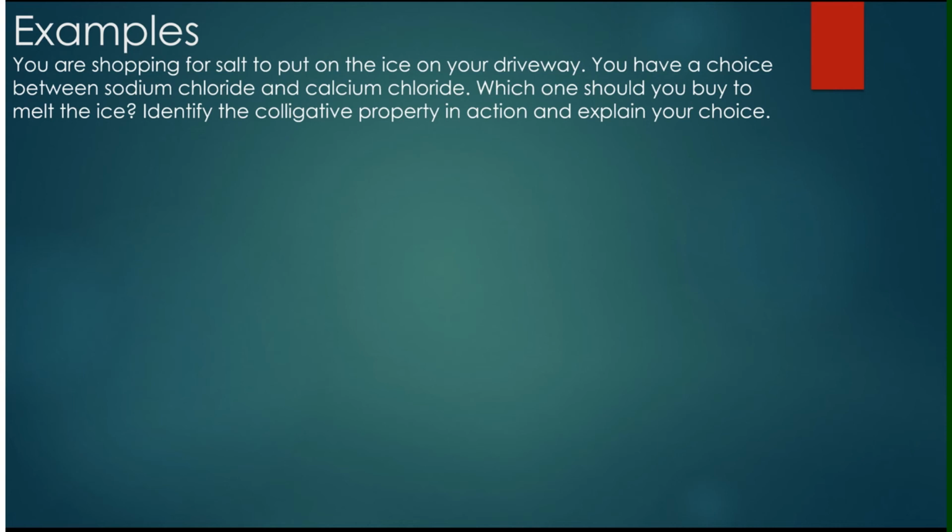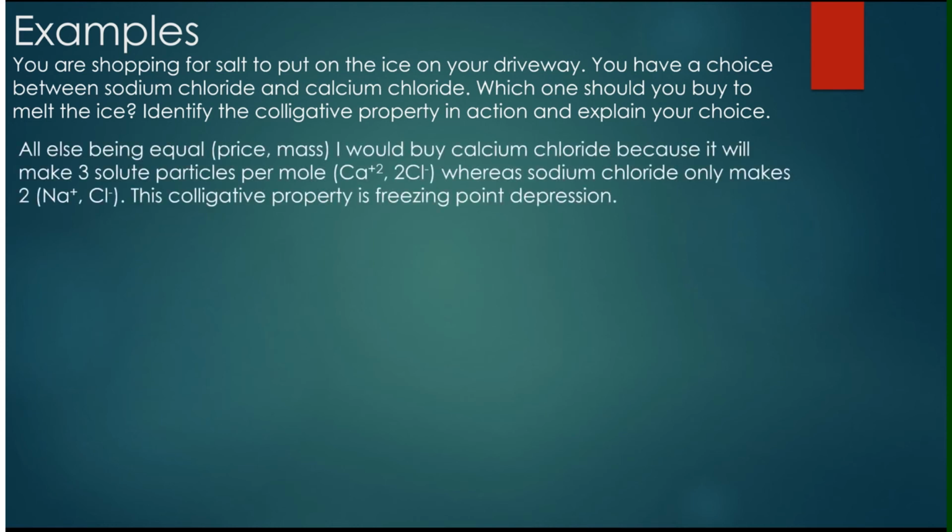So you want to put some salt on your driveway. You have a choice between sodium chloride and calcium chloride. Which one would you buy to melt the ice? Now, that doesn't factor in any of the expenses here. But assuming they're all priced equally, I would choose calcium chloride.